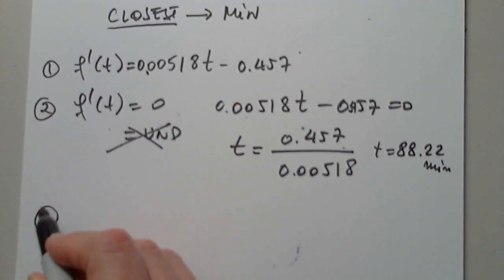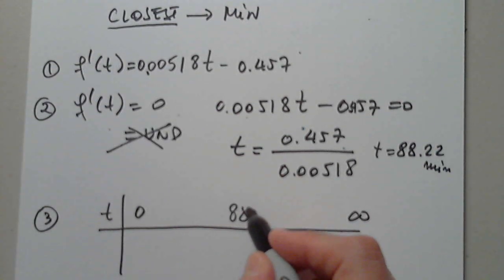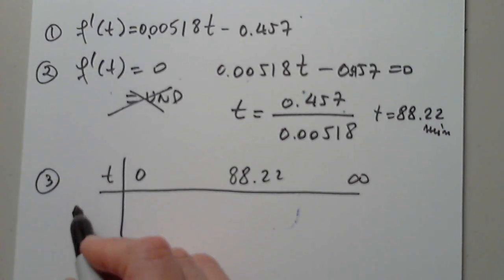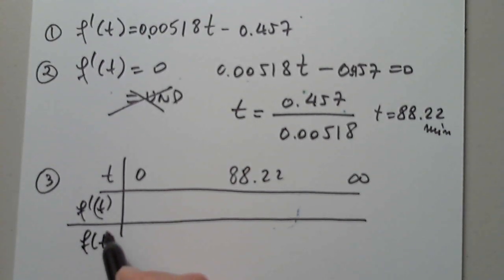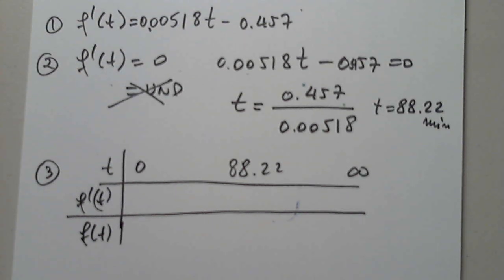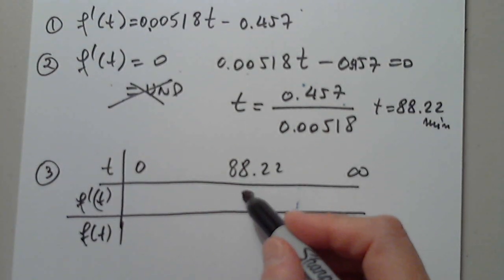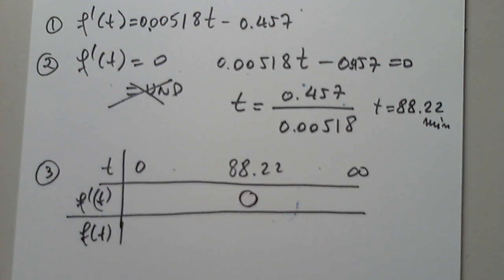Okay, in step number 3, I present my table from 0. Okay, it cannot be infinity, but you know what I mean. I have my f prime of t, and I have my f of t. Good. So I know you're going to say put 0 here. All I need to do is find the sign.